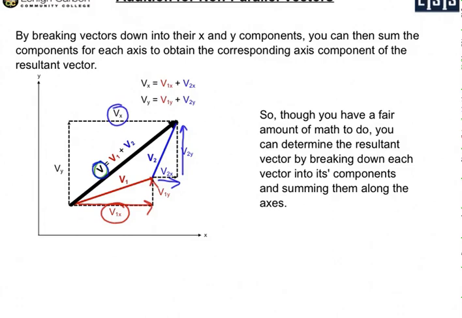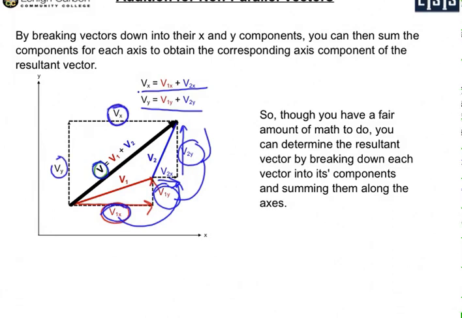You can get the x component by just adding this one and this one here, as we show here. And you can get the y component by adding the y directions together. And then once you have y and x for the overall vector, you can solve for v.